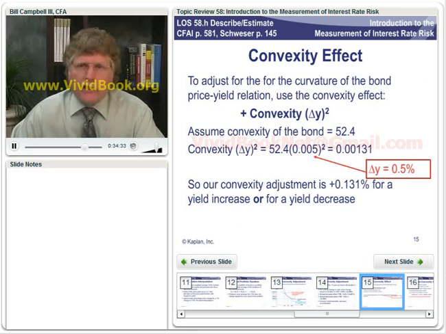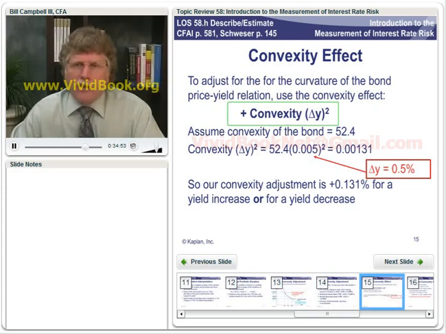So in addition to the duration calculation that we did, negative duration times delta y, we're going to add another term. Put a box around this. We're also going to add in this convexity term: convexity times the delta y squared. Just as with duration, remember that you have to write the delta y as a decimal.